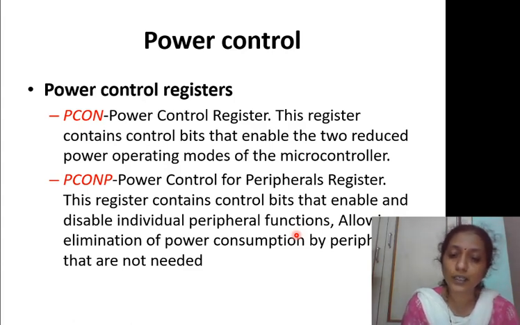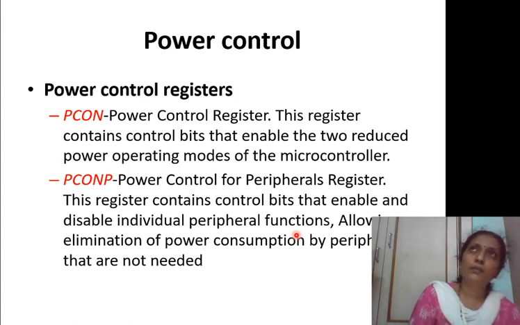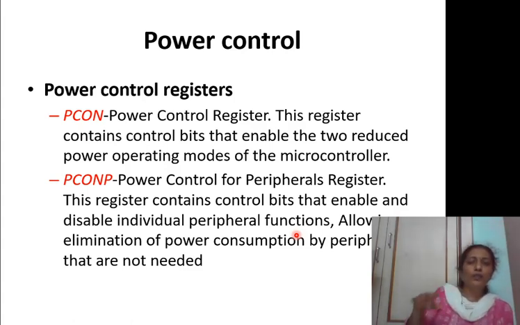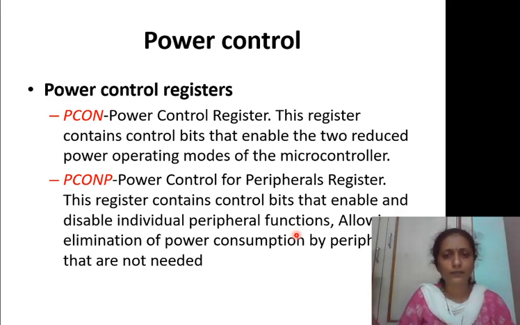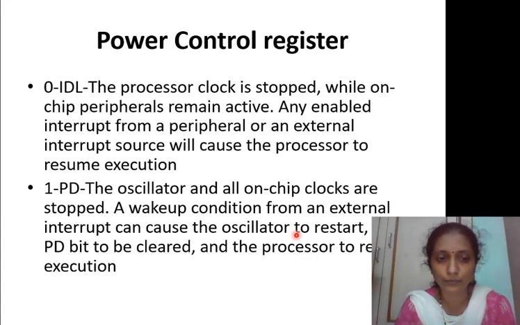If you turn on that particular bit, it will be enabled. If you turn off that particular bit, it is disabled. It means you don't have to work with all the peripherals of LPC2148 at a time. You can switch off a particular peripheral so that your power is saved there. Okay, so for that the PCONP register is used.